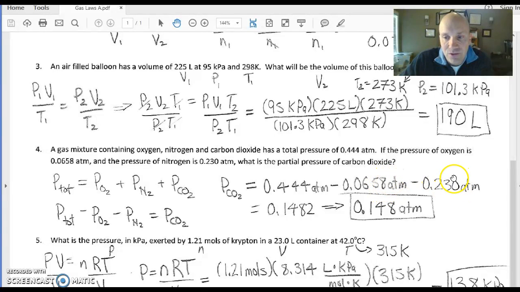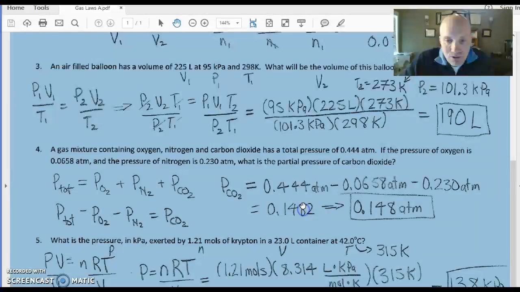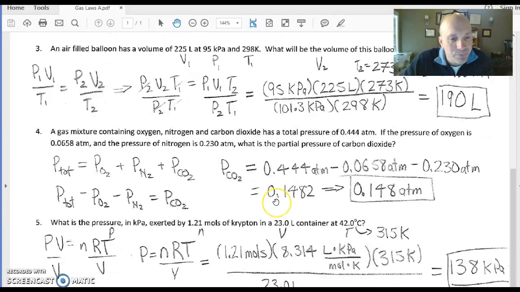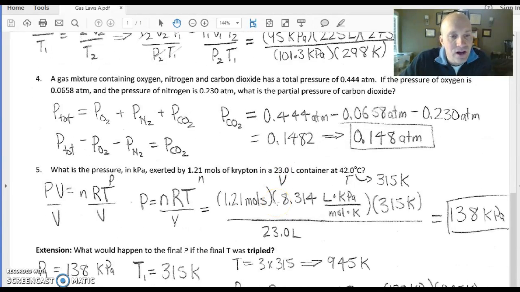Here, it would be the thousandths position. So the thousandths position is the furthest left of all those positions. So when we get this answer, we need to round it at the thousandths position, which would be 0.148 atmospheres.